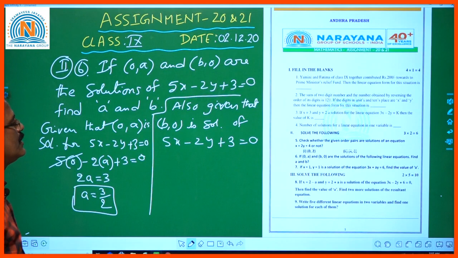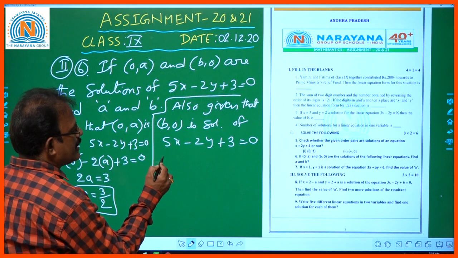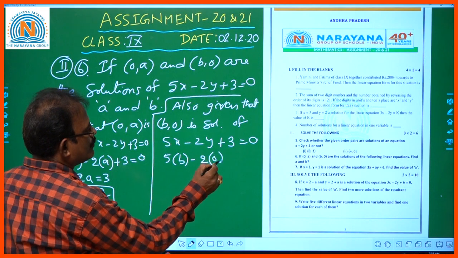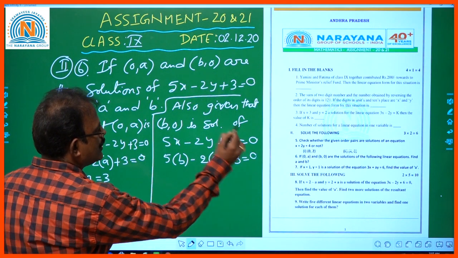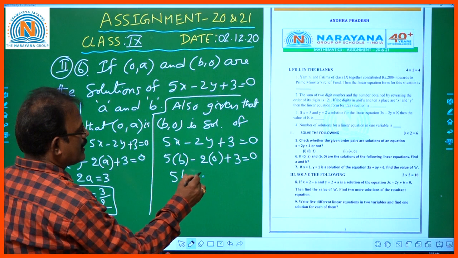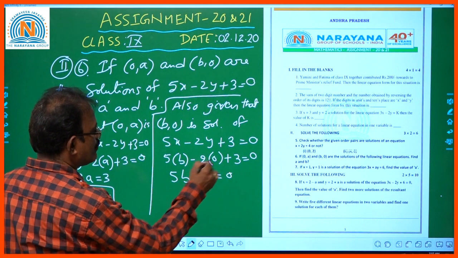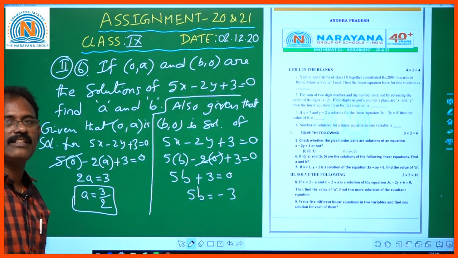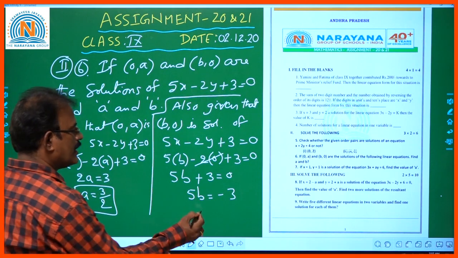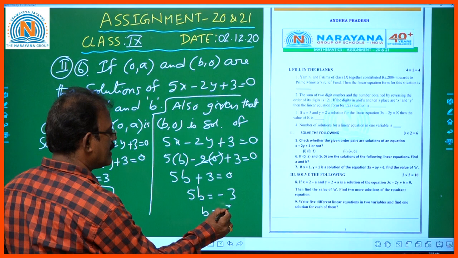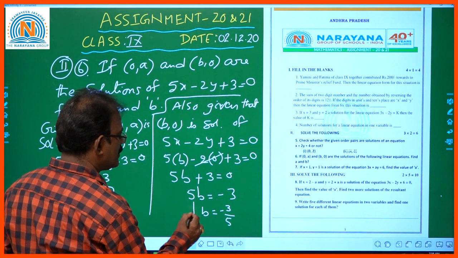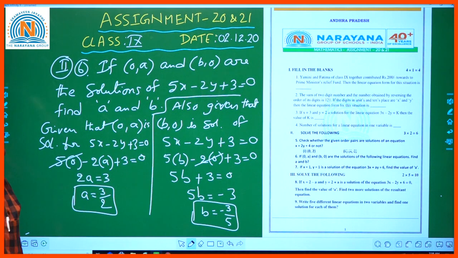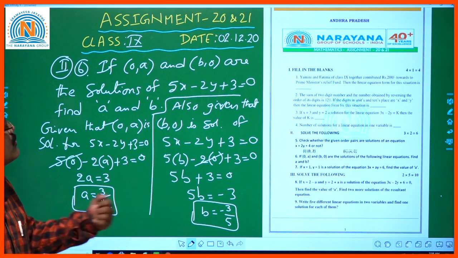Then substitute b in place of x, 0 in place of y. So 5b plus 3 is equal to 0. So 5b is equal to minus 3. When you transpose plus 3 to the right side, minus 3. Then b is equal to minus 3 upon 5. This is the value of b. Okay children. So this is for question number 6.